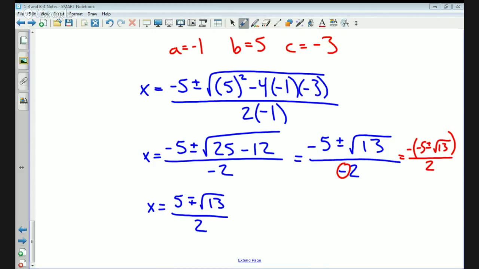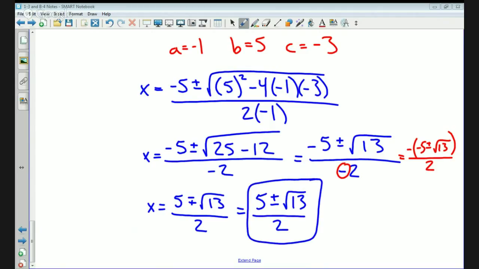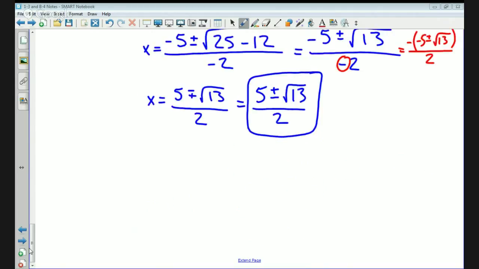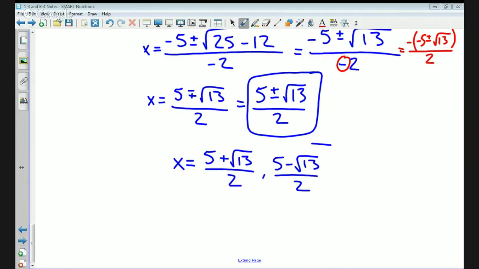It's still the same thing. So we could just go ahead and call this 5 plus or minus root 13 over 2, and that would be an acceptable answer. In homework, they would probably ask you to write this: 5 plus root 13 all over 2, comma, 5 minus root 13 all over 2.